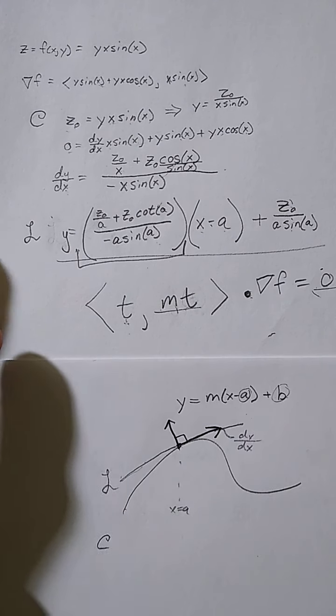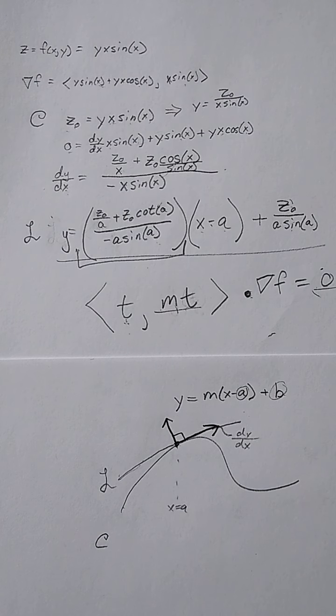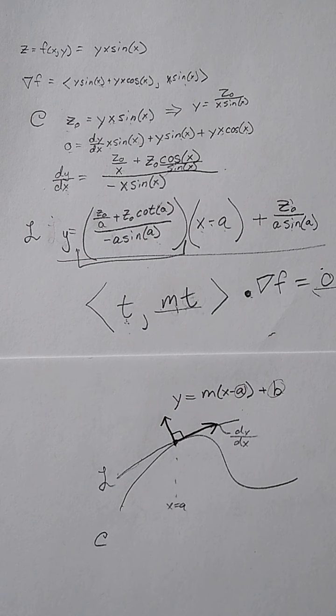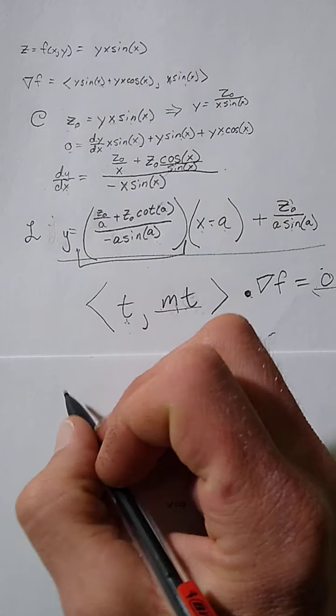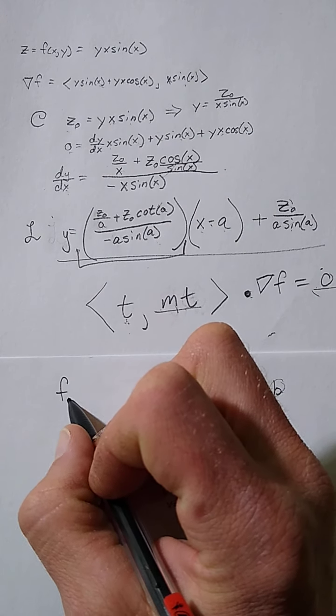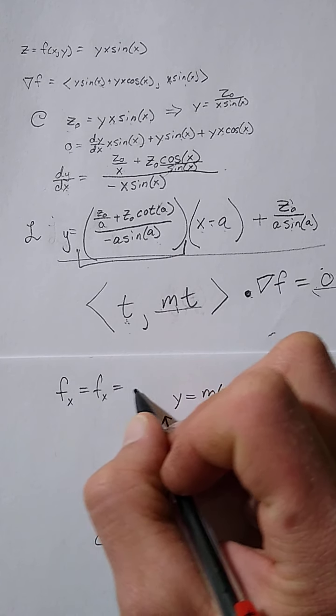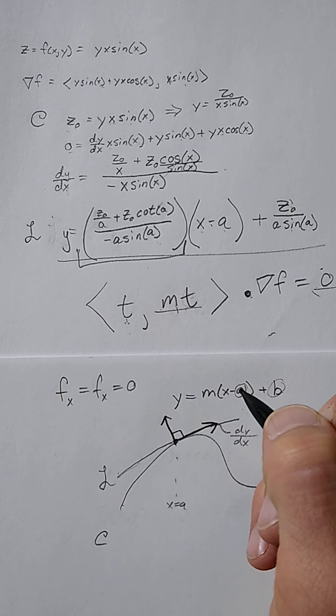But next fun thing I could do is I could try to, say, classify all of the critical values of this. Remember, a critical value is whenever fx equals fy equals 0.